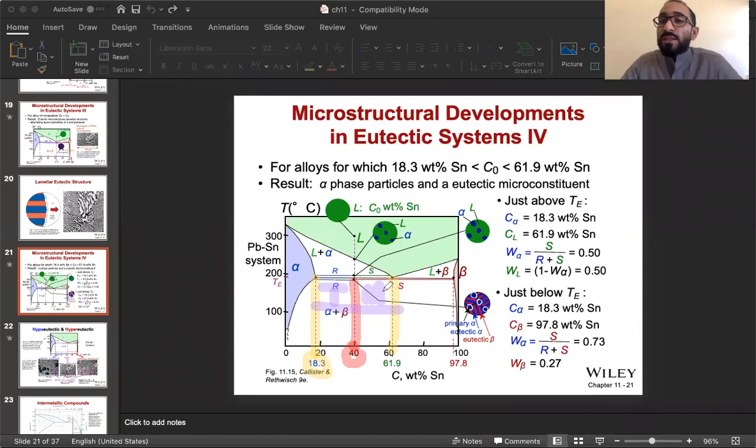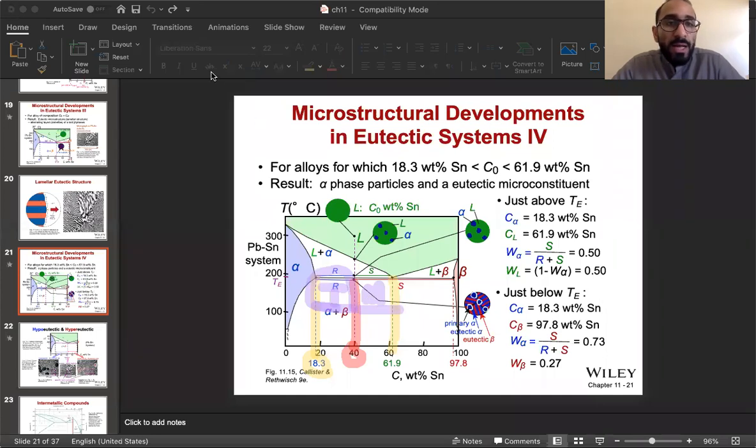If you want to know how much eutectic structure, not eutectic alpha, I'm saying eutectic structure, you're going to say the distance of the opposite side, T over T plus M. This is going to give you the weight fraction of the eutectic.